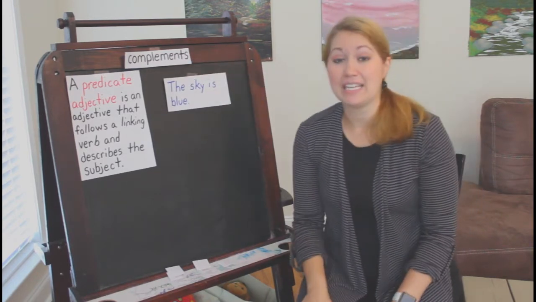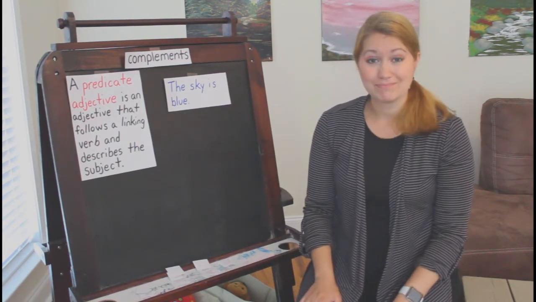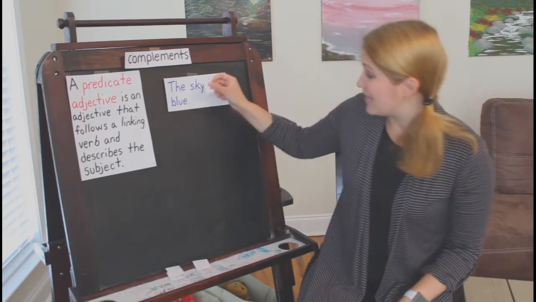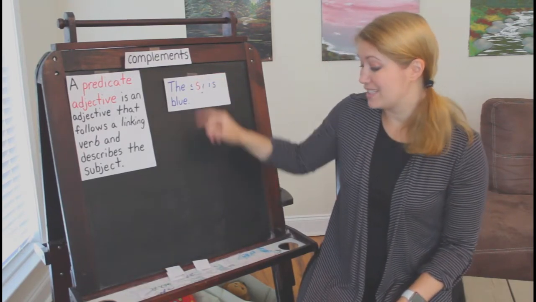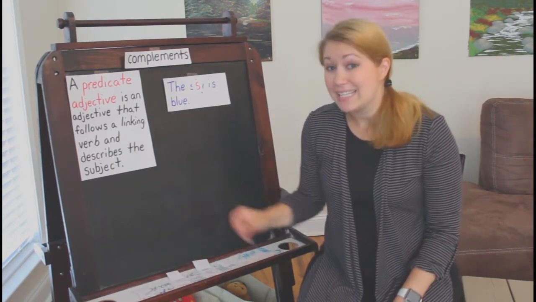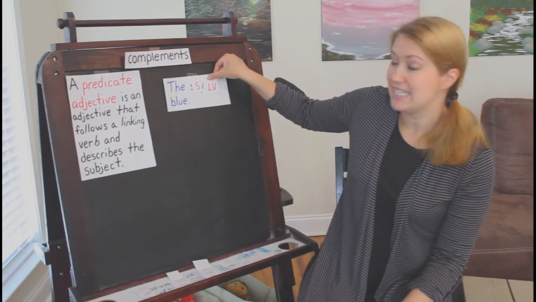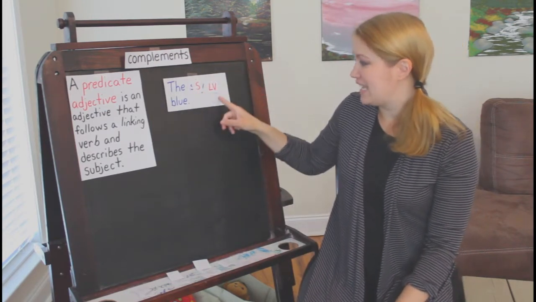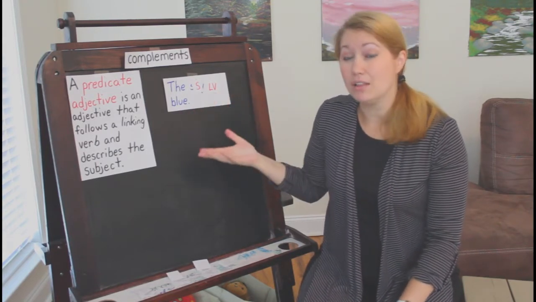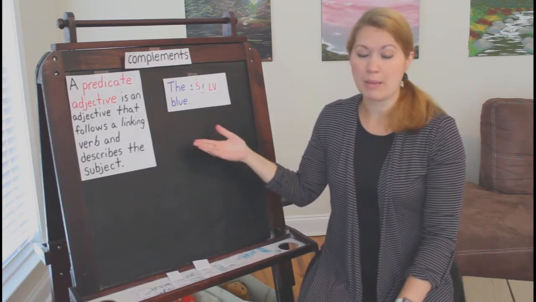The sky is blue. Well, what's our subject? We're talking about the sky. Okay, so sky is our subject. What's our linking verb? Is. We talked about how is and was are usually linking verbs in this kind of sentence. In this case, you remember color words are always adjectives describing a noun.